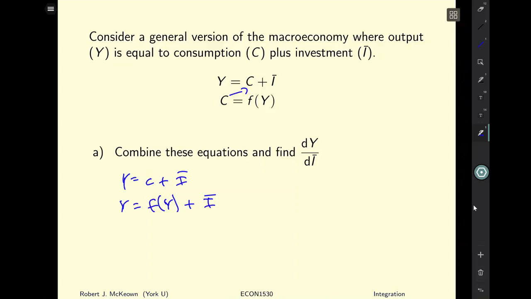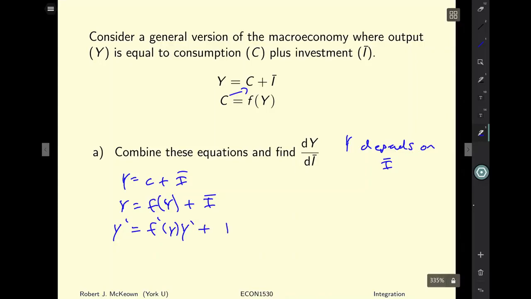Now notice that the value of Y, output, depends on I bar. And so Y is an implicit function of I bar. And so I'll use prime notation, we're going to have Y prime is equal to f prime Y. What's the derivative of the inside? Y prime plus 1.